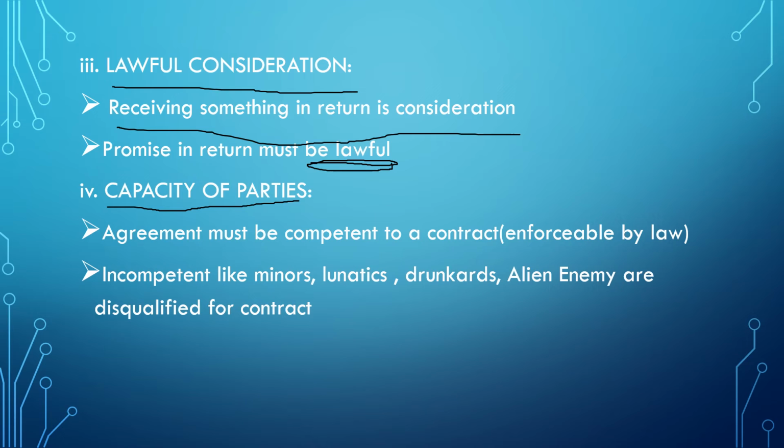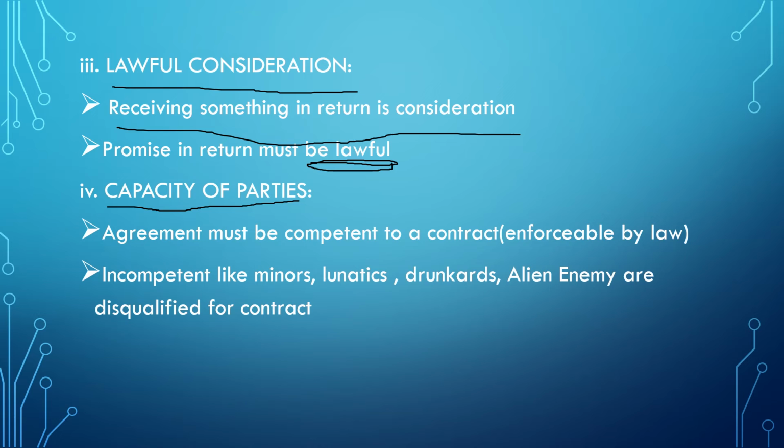So the capacity of the parties means that the parties to the agreement must be competent to contract. The person involved in a contract must be competent, and they should not have a contract with an incompetent person.